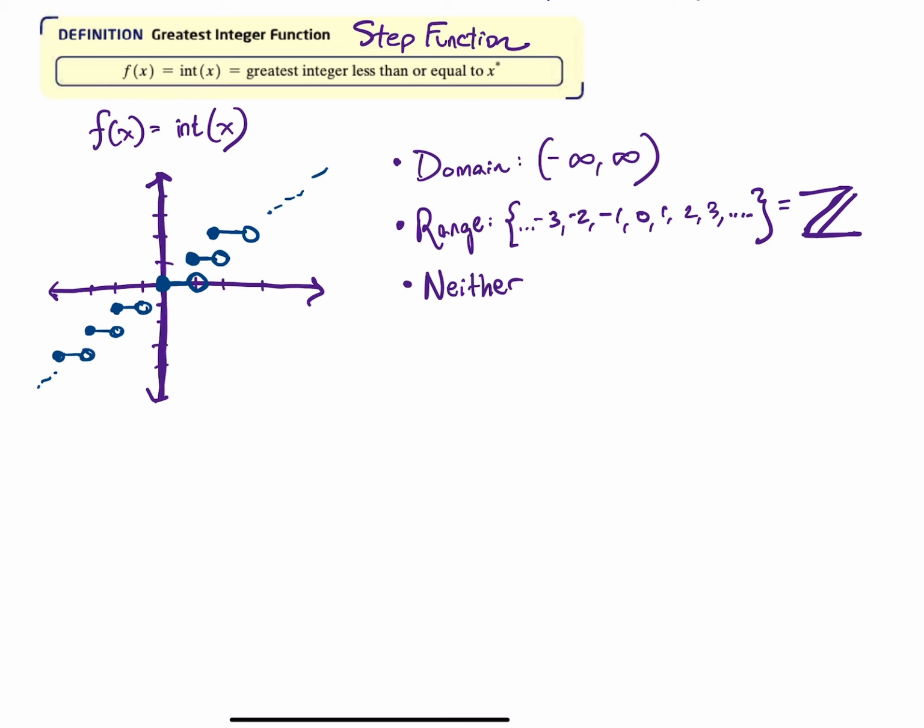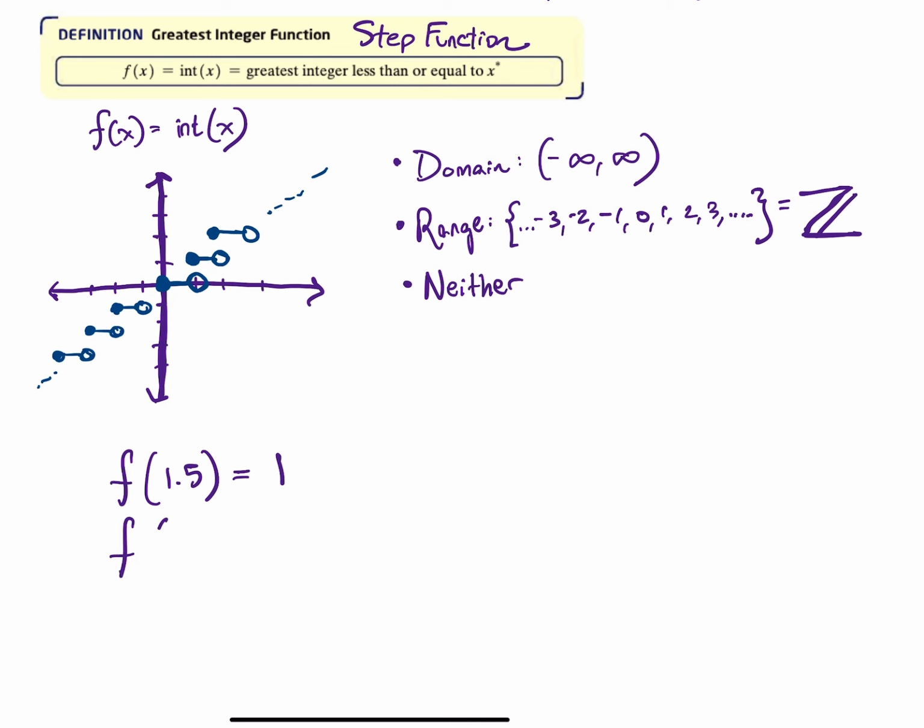Let's think about that. If we were to plug in f of -x, let's think of an example. Just doing this partially for my own sake too. So let's take, if we plugged in positive 1.5, this would give us positive 1. So it will round down.